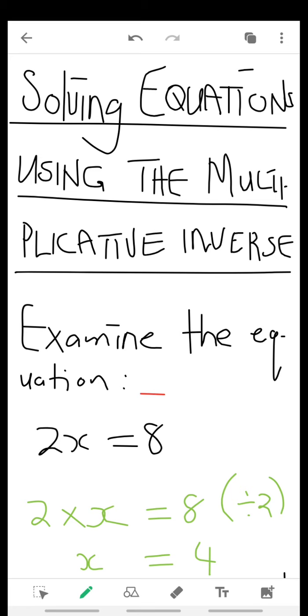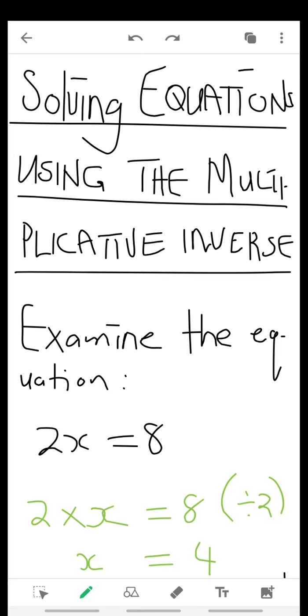Now, examine this equation here, 2x equals 8. We want to solve for x, but for us to find the value of x, we must get rid of the 2 which is next to x. Do you remember that 2x was written as 2 times x? So since I'm multiplying here, then I can get rid of the 2 by dividing.